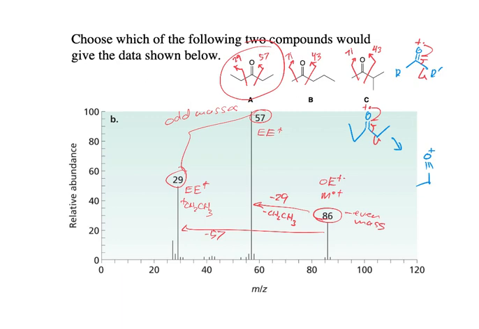So this should be m/z equals 57. We can generate the 29 really in two different ways. One is if we just draw a resonance here, easier to draw, where these electrons are up on the oxygen.